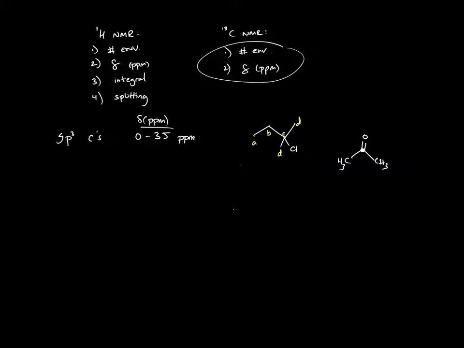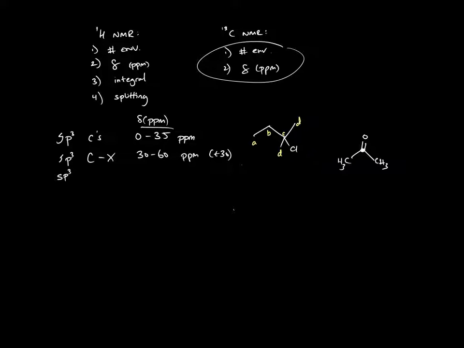All right, so the second kind of thing we look at is sp3 carbons attached to halogens, and those are usually between about 30 and 60 ppm. So they've been shifted up about 30 from where the generic sp3s would show up.